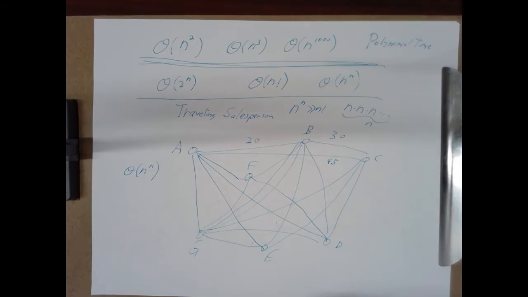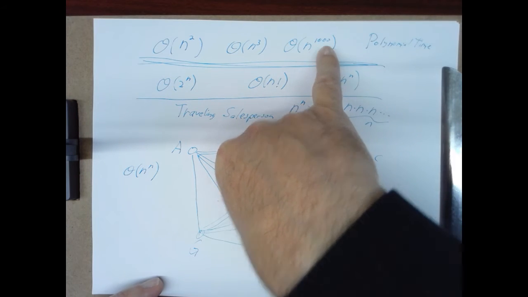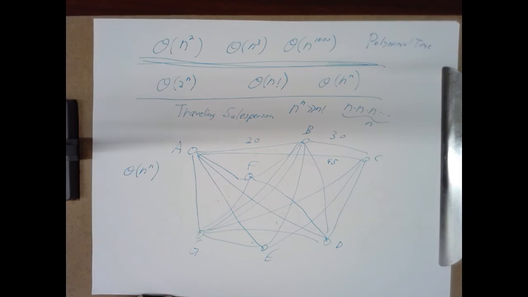It's n raised to some power times some constant, plus n raised to a smaller power times another constant, plus n raised to another smaller power times another constant. And we waved our hands the other day and said that those smaller terms don't matter and those constants don't matter. So if we can find a polynomial of degree 1000 that represents our complexity, we can just say it's O of n to the 1000th, or n cubed, or n squared, or whatever.